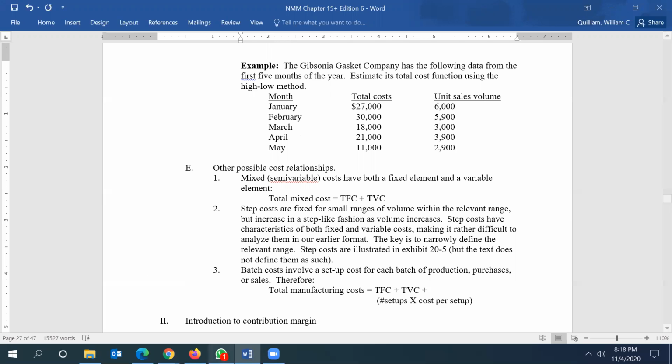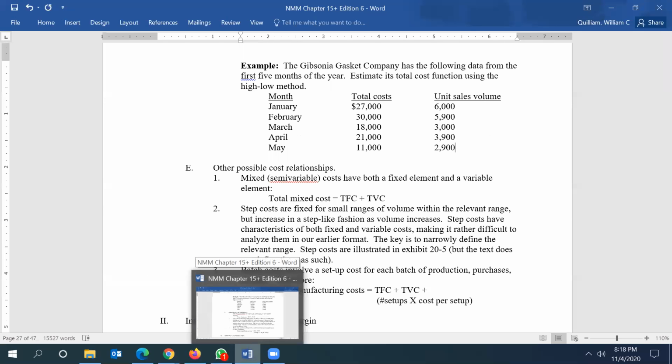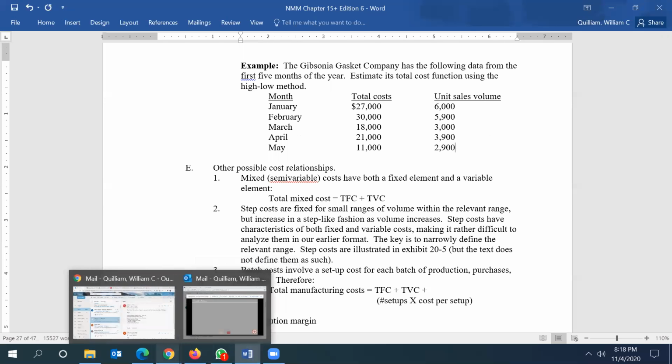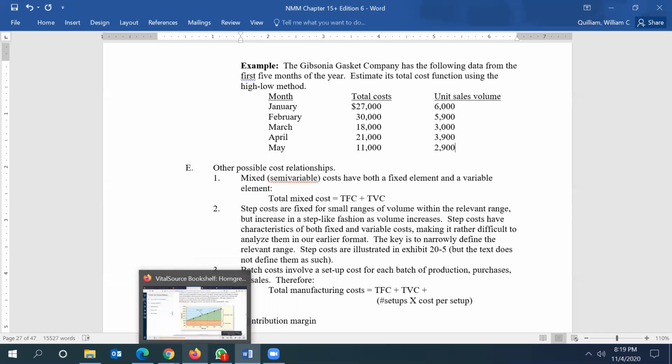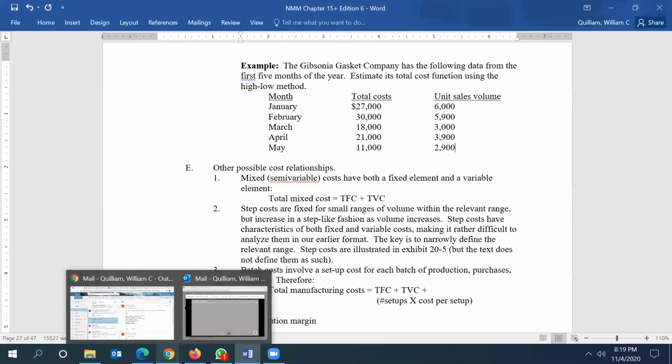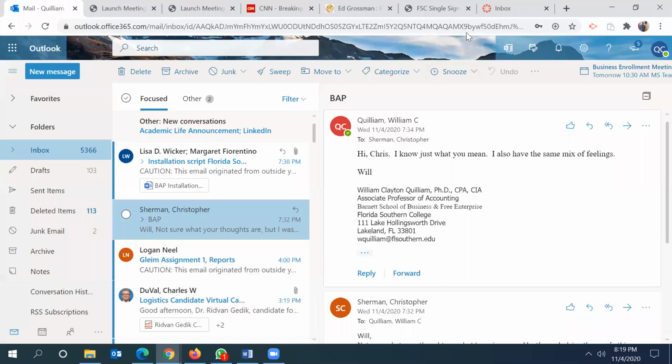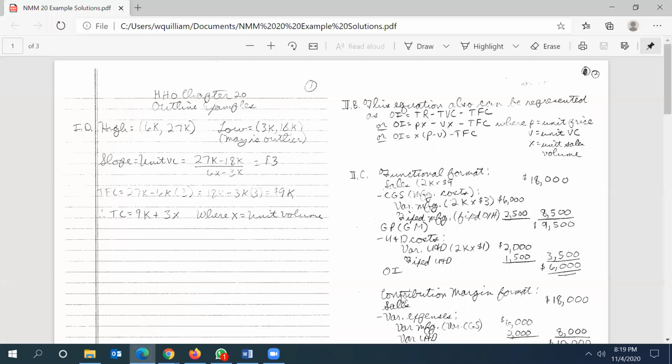Well, I'll tell you what we should do. Okay, I didn't plot these, but if I did, May would not fit the pattern.